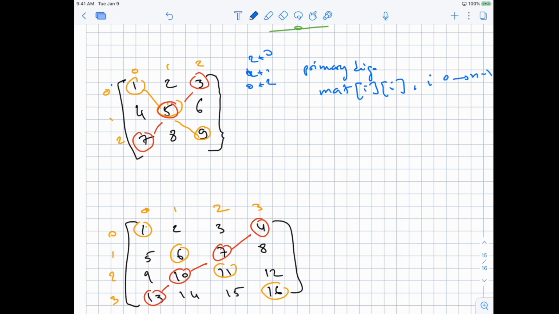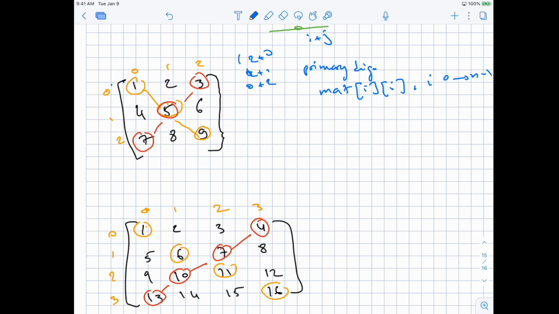So you can see here i plus j are equal. You can notice the sum is actually equal to n, n being the length of the matrix for an n by n matrix. So we could use that to obtain the secondary diagonal values.